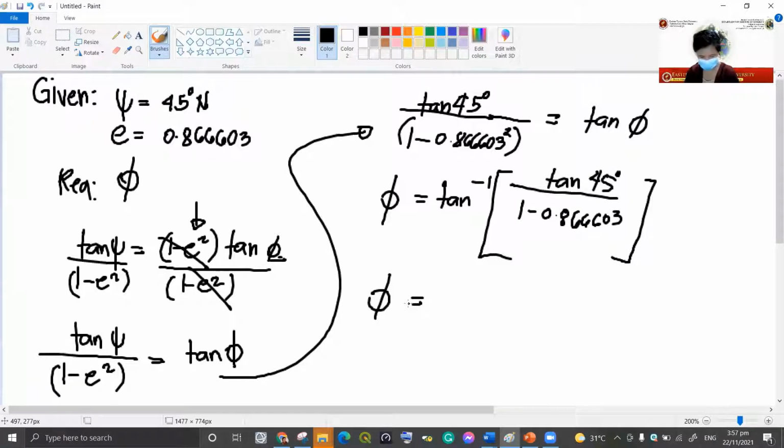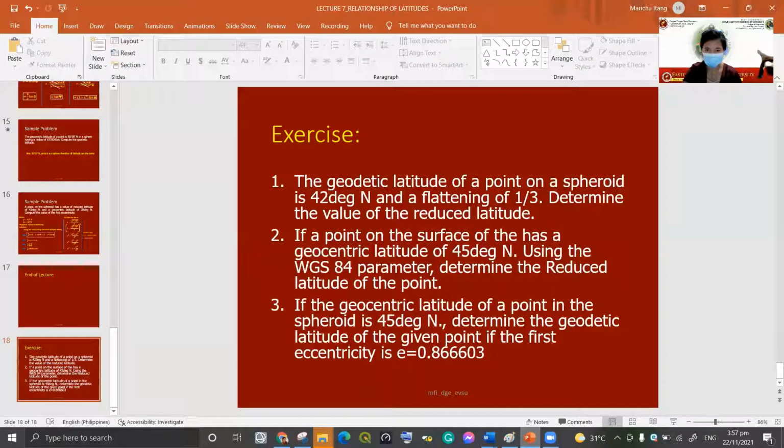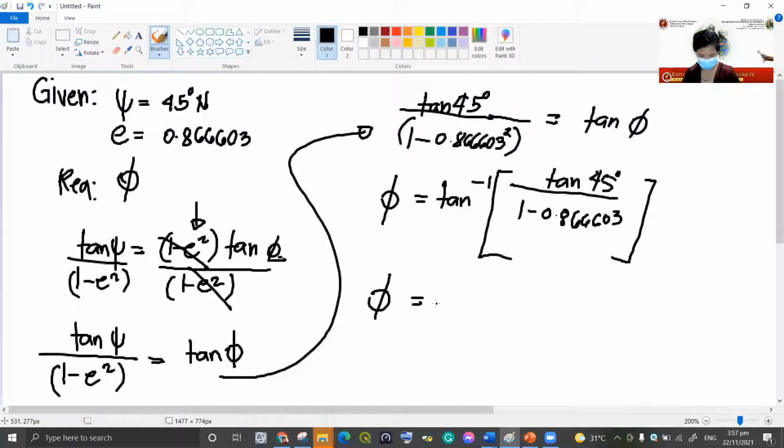So the answer is 76 degrees. Double check ko lang ang solution.